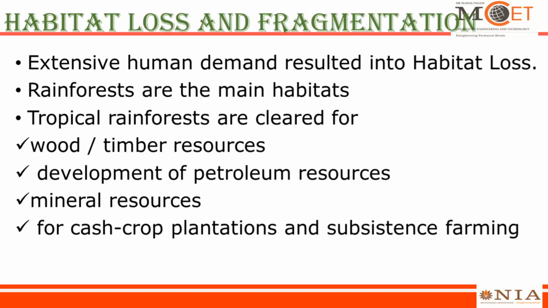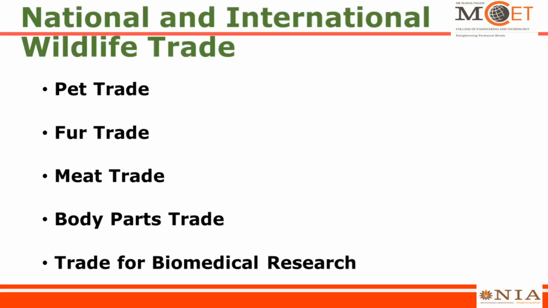Rainforests are the main habitats for most of the animals. Tropical forests are cleared for wood and timber resources, development of petroleum resources, mineral resources, cash crop plantations and subsistence farming. In terms of national and international wildlife trade, you have pet trade, fur trade, meat trade, body parts trade, trade for biomedical research.